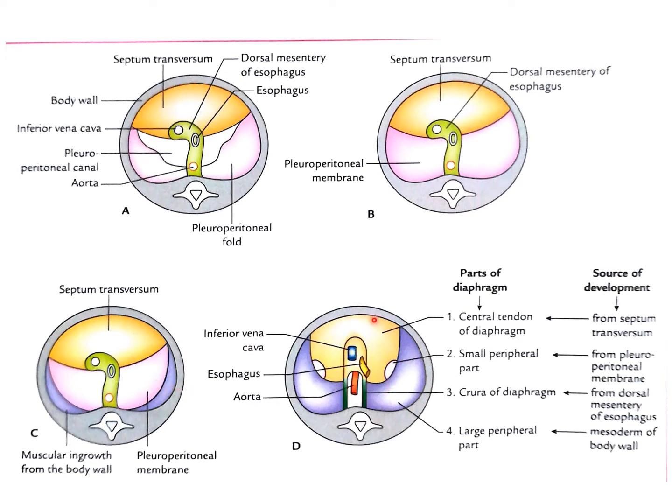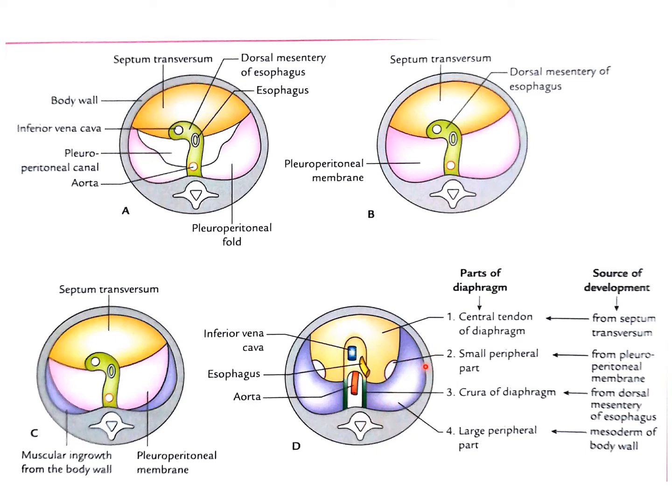Now the completely developed diaphragm has the following embryonic structures which form the adult structures. The central tendon of the diaphragm is given by the septum transversum. The small peripheral part at the junction of the tendon with the muscular portion of the diaphragm is given by the pleuroperitoneal membrane, what we can see in the pink color here.